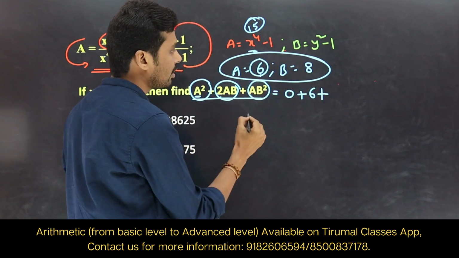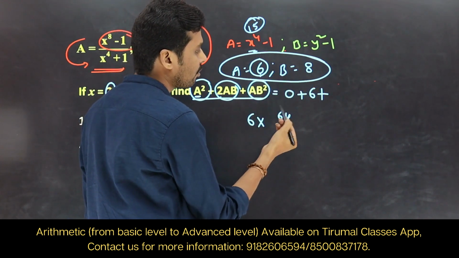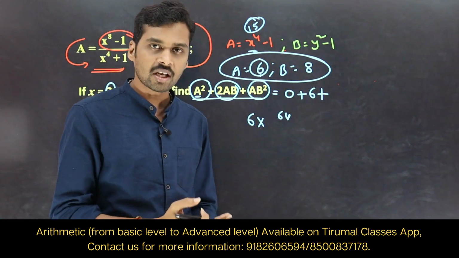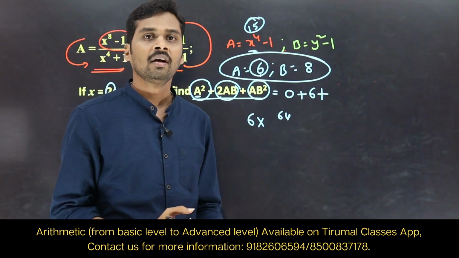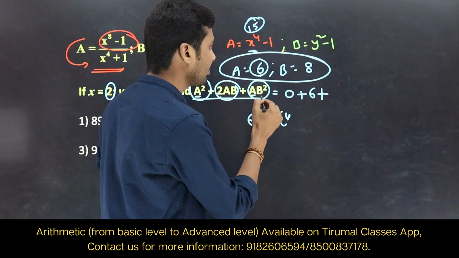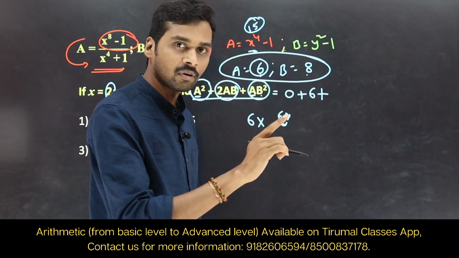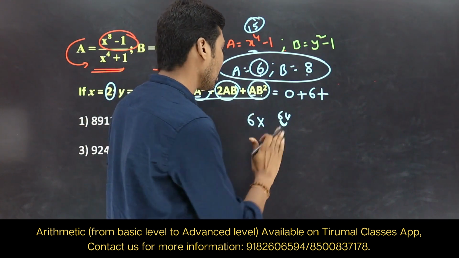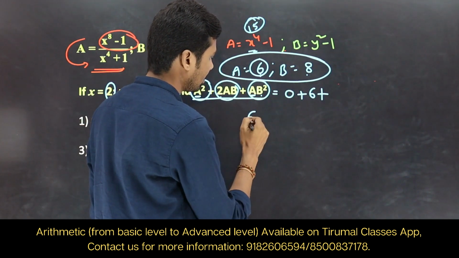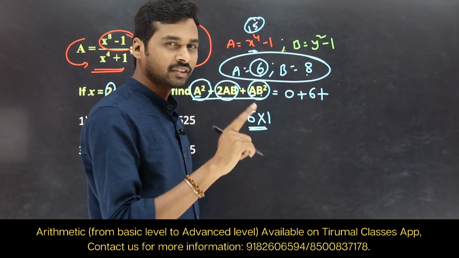So b square means, B value is 8, and 8 square is 64. 64 means we always take the digit sum. We don't need to multiply the original values, right? Because we are doing the problem related to the DS values. 8 square is 64, 6 plus 4 is 10, and the DS value of 10 is 1.